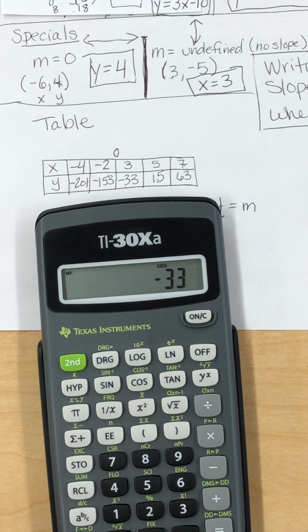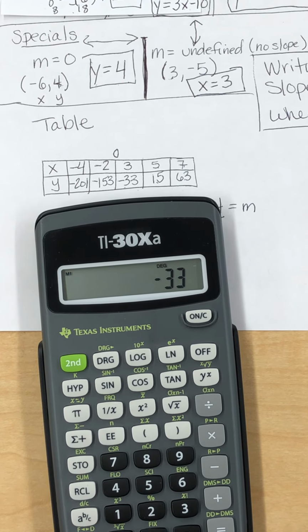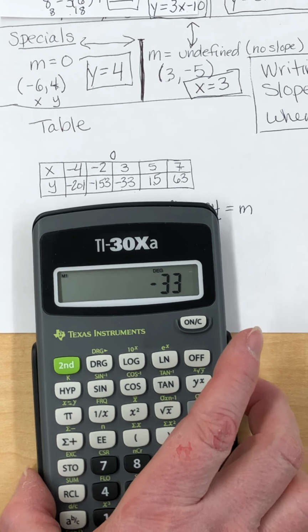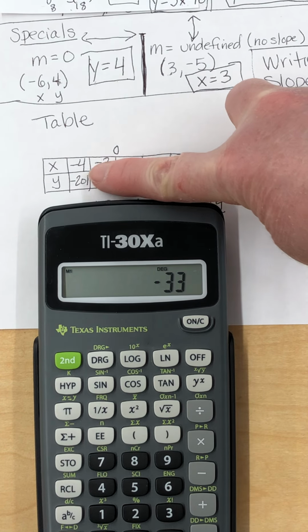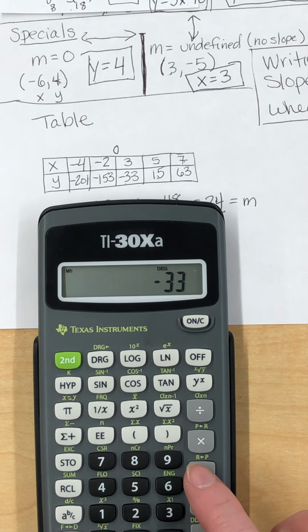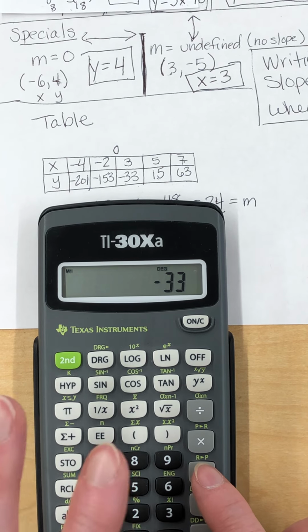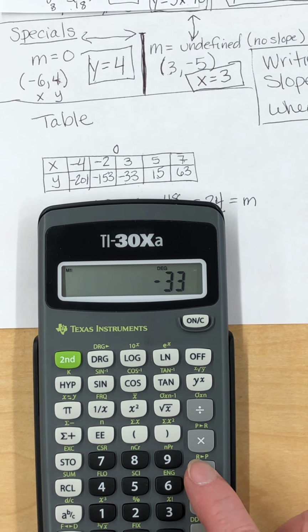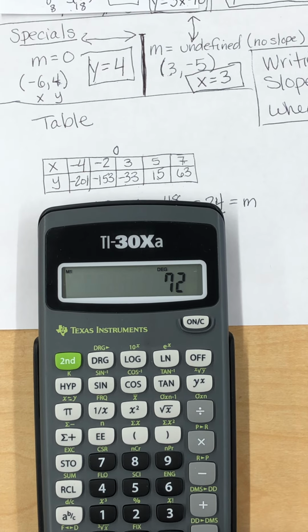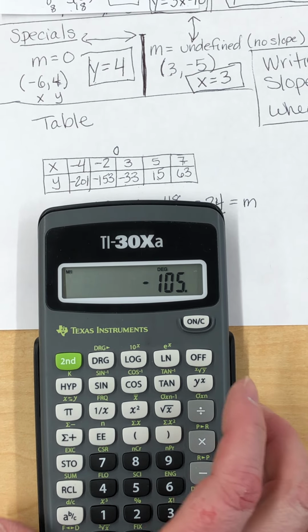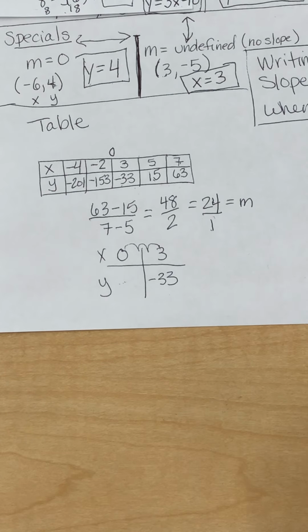So now this is where those integers come in, so use your calculator if you're a little iffy on that. So we're at -33 on this 3, and we need to go down toward the negatives 72 spaces because we needed 3 sets of 24. So subtract 72, and we actually get -105.